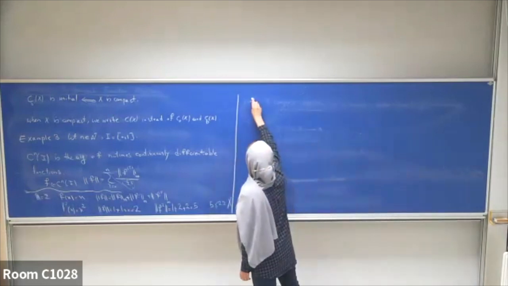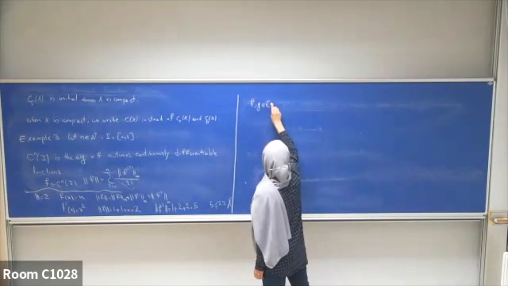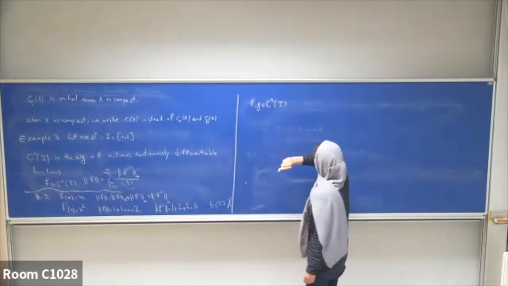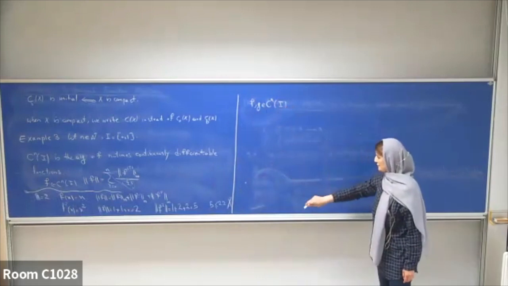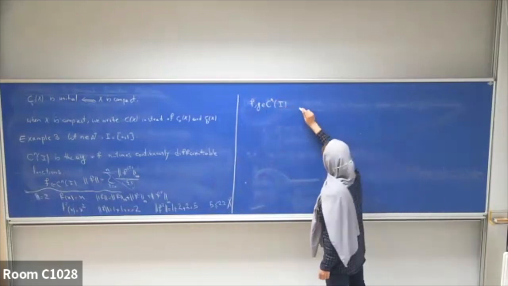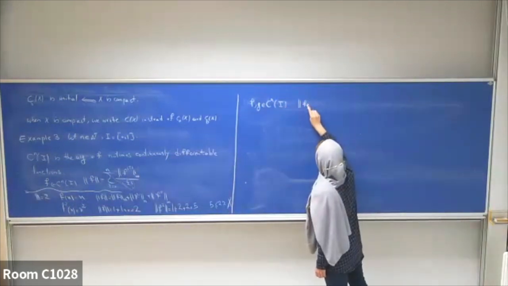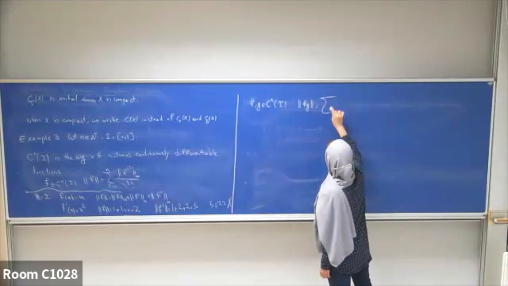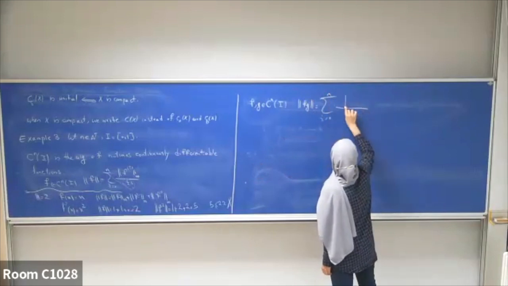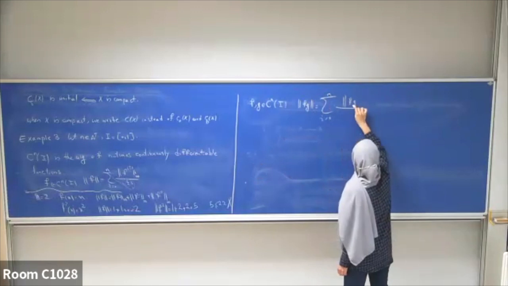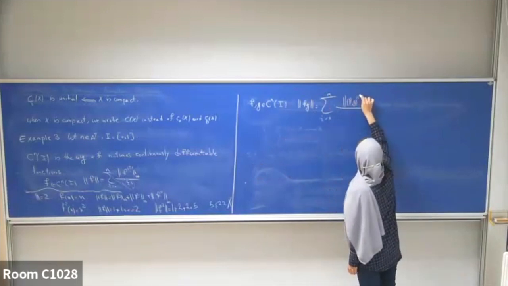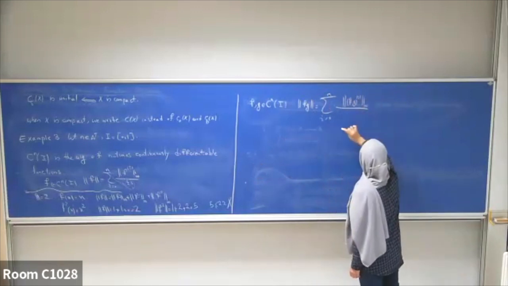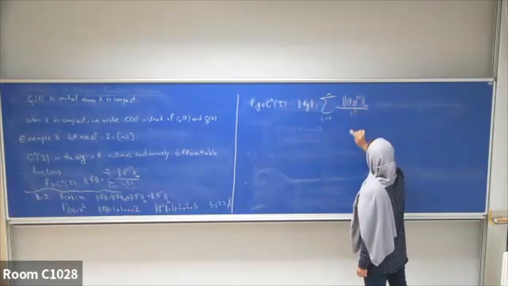So I take f and g in Cn of I, and I want to show the submultiplicative property. The norm of fg, according to the definition of the norm, is the sum over i from 0 to n of the supremum norm of the ith derivative of fg over i factorial.